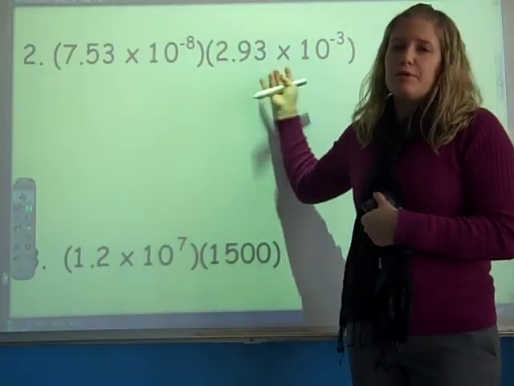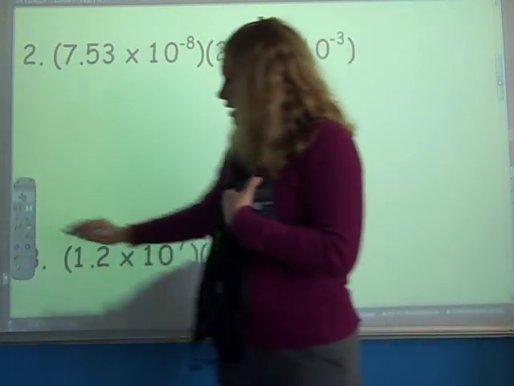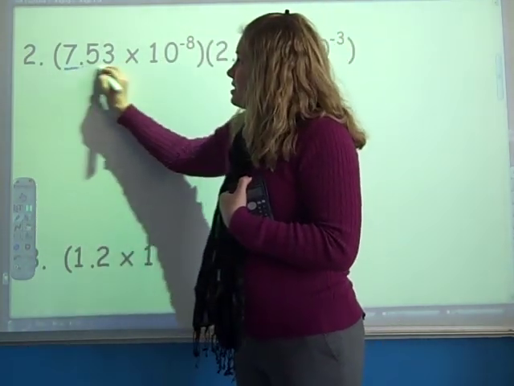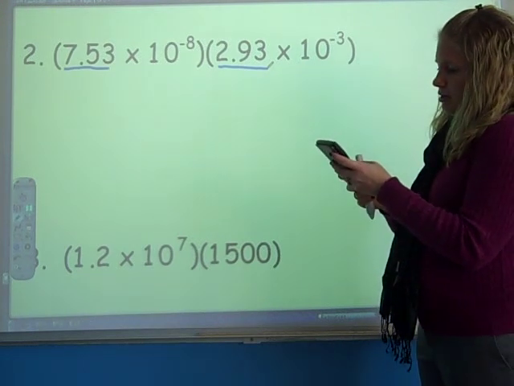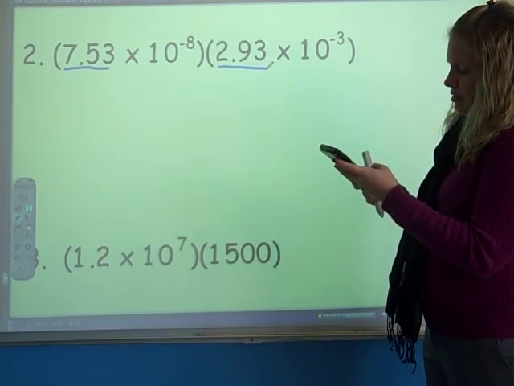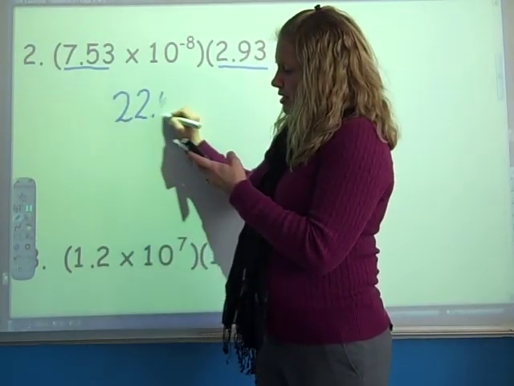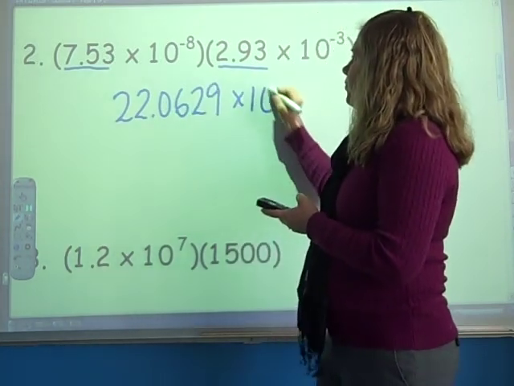Okay, these negative exponents, again, instead of very large numbers, they're very small numbers. Okay, they're not negative numbers. Multiply our numbers. 7.53 times 2.93. I get 22.0629 times 10.